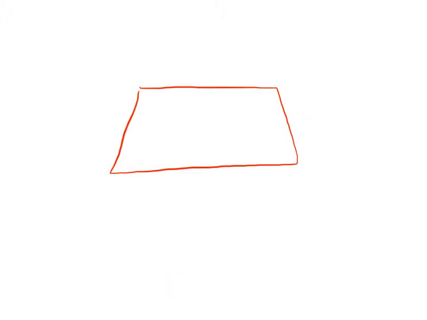This will be our trapezoid. And what mathematicians have done is they decided to take an average of these two numbers. So the area of the trapezoid will equal the average of the two bases times the height.